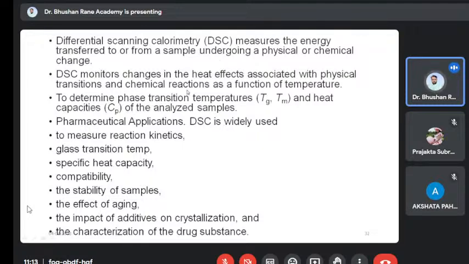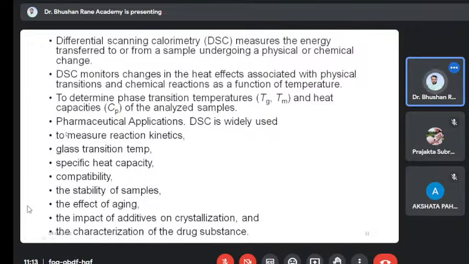the DSC. DSC is able to monitor changes in a substance if heat effects are associated with physical and chemical changes. More specifically, it is used to check the phase transition temperature, that is Tg, the glass transition temperature, Tm for melting point, and heat capacities can be analyzed.